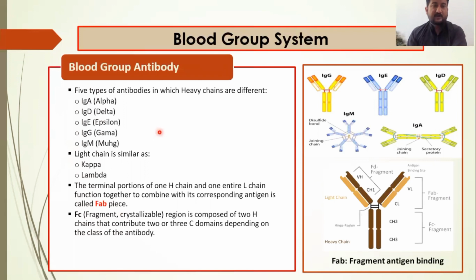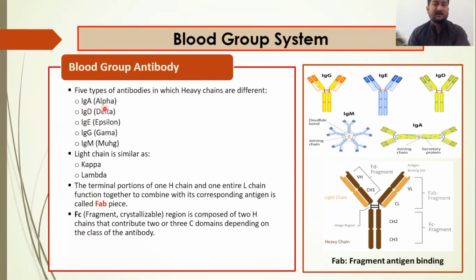The next one is blood group antibodies. Antibodies हम इनको already previous slides के अंदर discuss कर चुके हैं in detail. Here you can see 5 types of antibody in which heavy chains are different because heavy chain is involved to develop the diversity among antibodies.